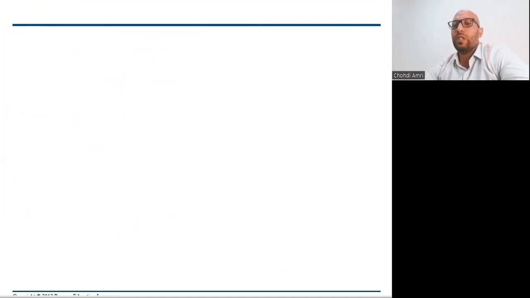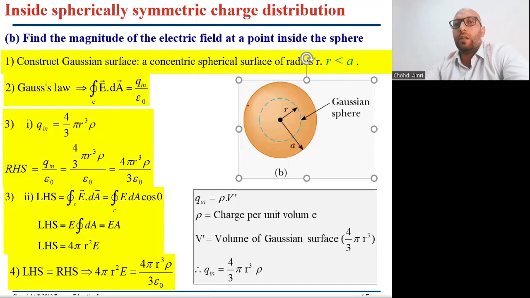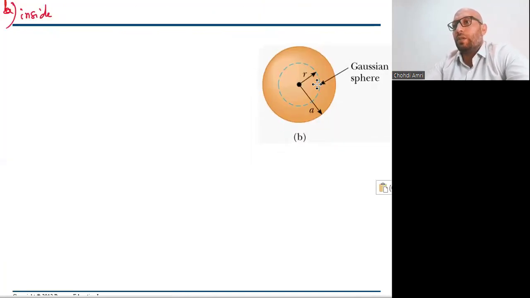Now on the second question, he said, what will be the electric field inside, B, inside. For inside, the Gaussian surface will be inside the charged sphere.